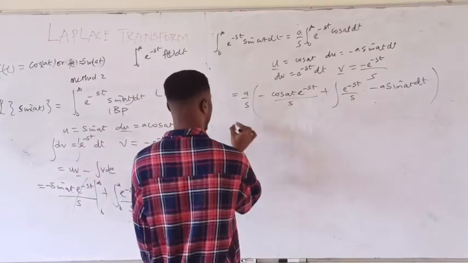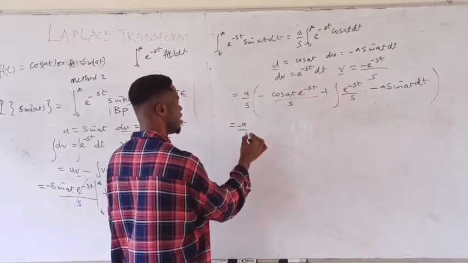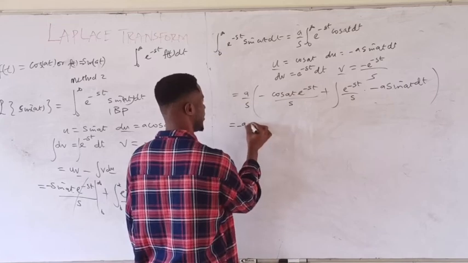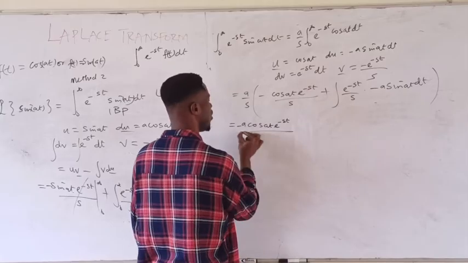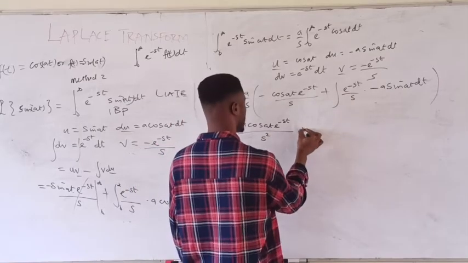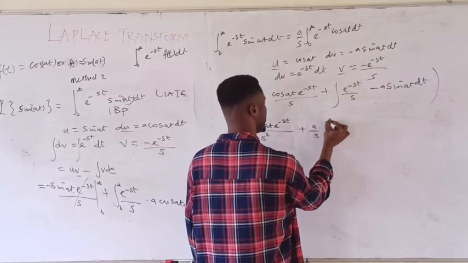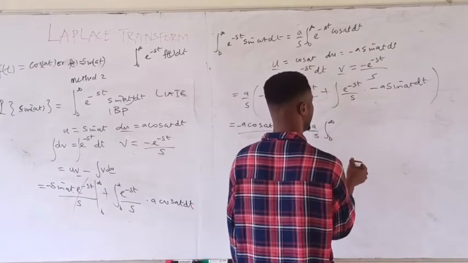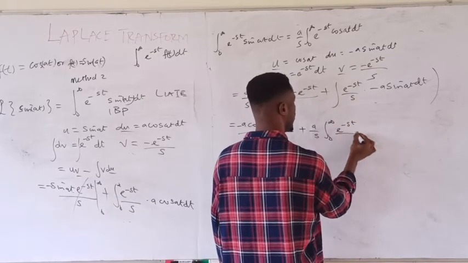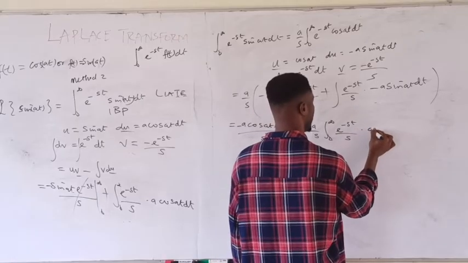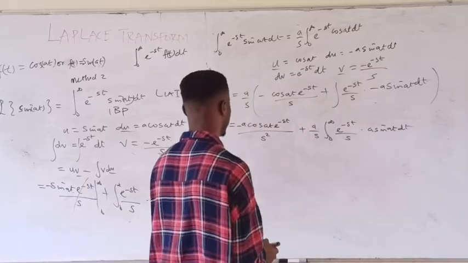If I expand, I have a over s times minus a cos at exponential of minus st all over s squared, plus a over s into the integral from 0 to infinity of exponential of minus st over s multiplied by a sine at dt. Alright, so this is what I have, right?